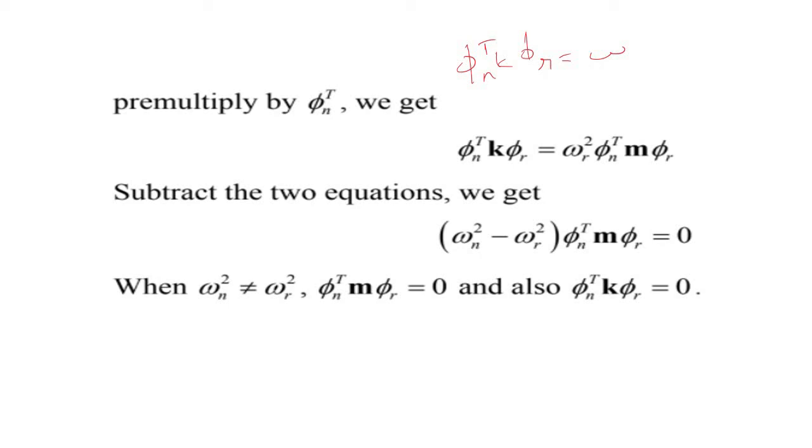So from these two equations I can write: subtract the second equation from the first equation. By subtracting, I will be getting phi n transpose M phi r is equal to 0. But can the other term be 0? This cannot be 0, so only this term can be 0. So I have proved the orthogonality property.